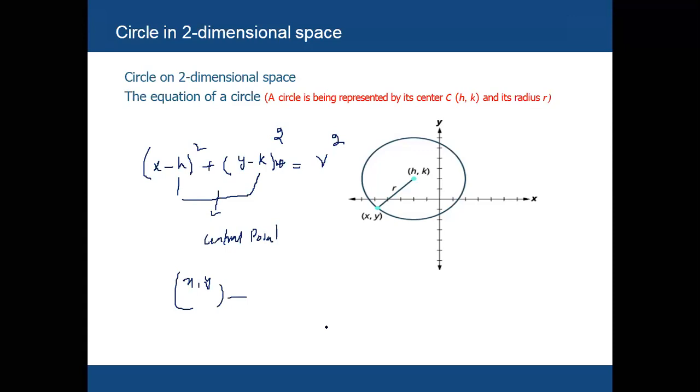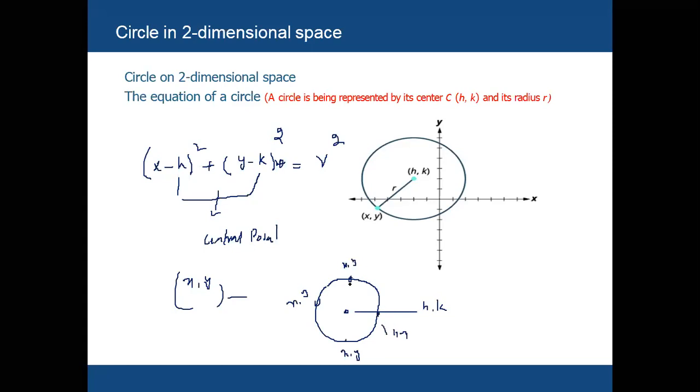Like if we draw another circle here, the circle has central point h and k, and any point on the circumference of the circle we have as x and y. Any coordinates of the circle are x and y.